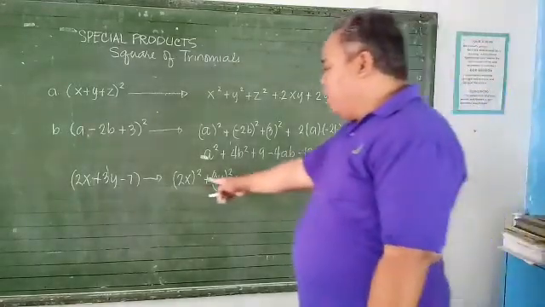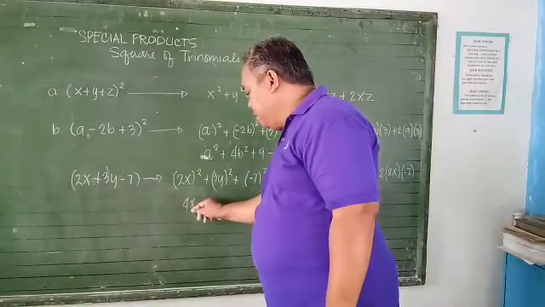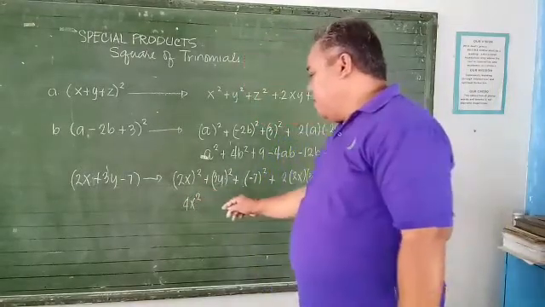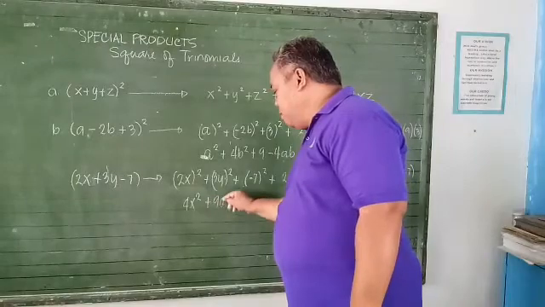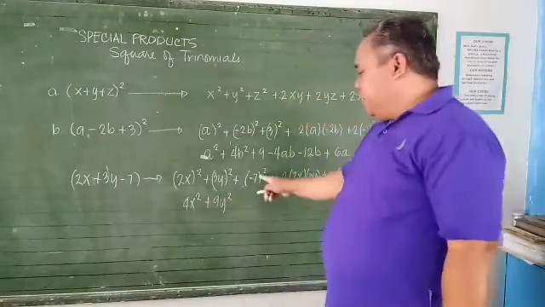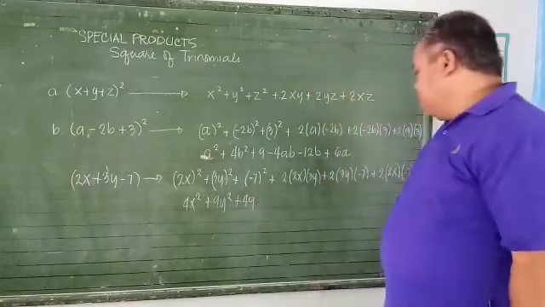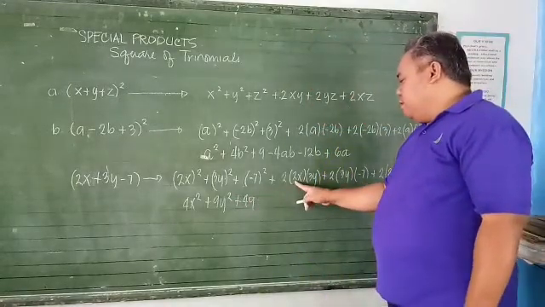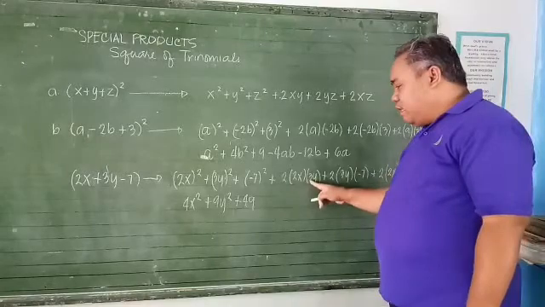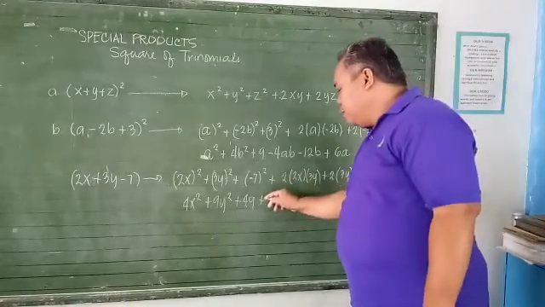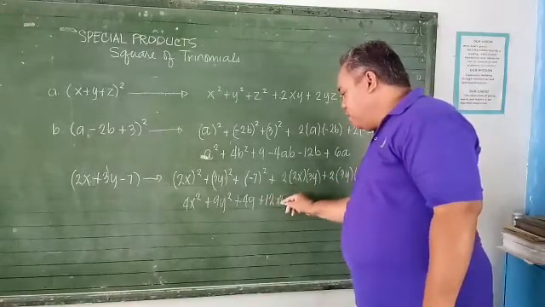So this is square of 2x, which is 4x squared. Square of that is plus 9y squared. Then this could be square of 7, that is 49. Okay, so this is 2 times 2, 4 then times 3, that's 12. So plus 12xy.